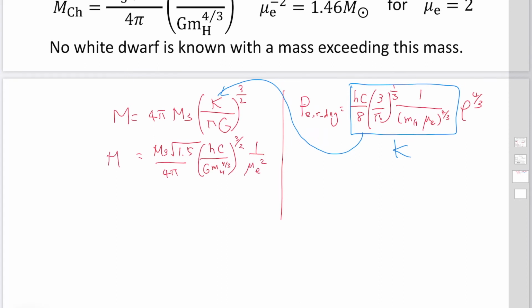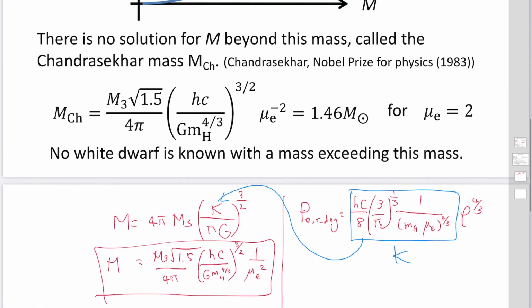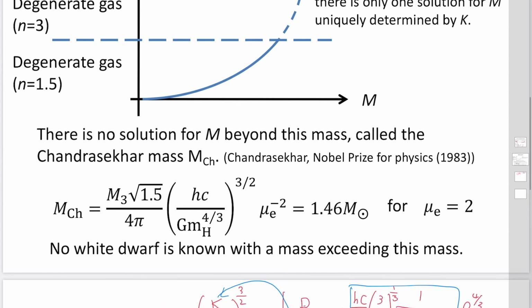This is the mass we call the Chandrasekhar mass.